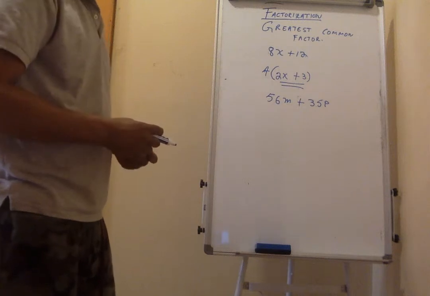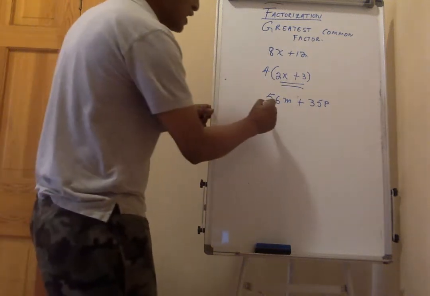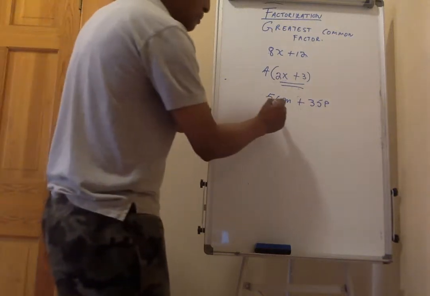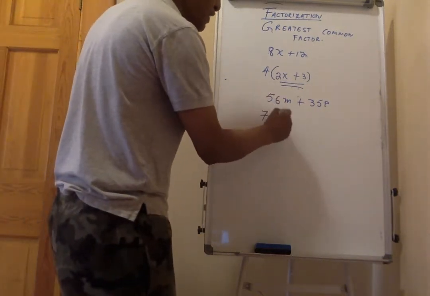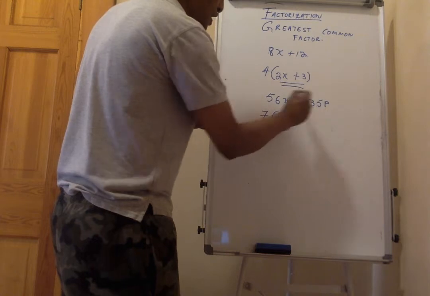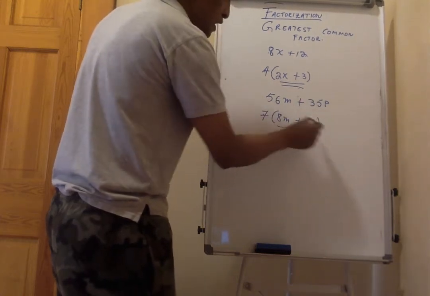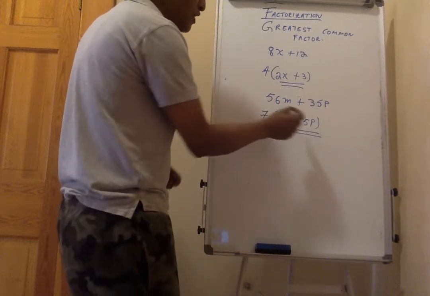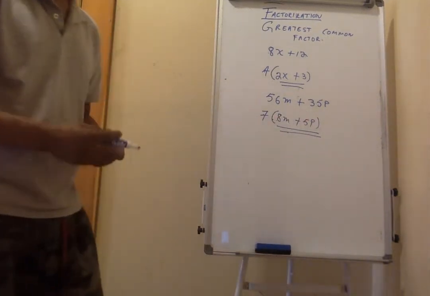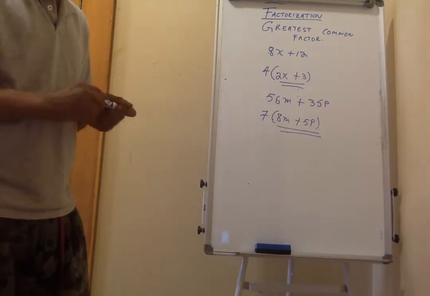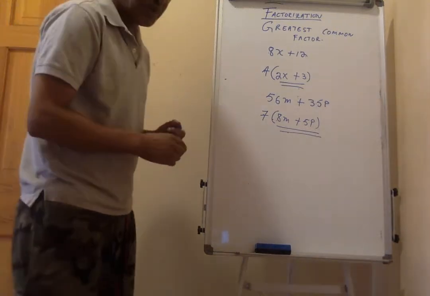If you calculate the greatest common factor, you would end up with 7. And open a parenthesis, 56 divided by 7 is 8m, 35 divided by 7 is 5p. Look at the expressions inside the parentheses. They have nothing in common, meaning what? They are prime. So that's what we mean by greatest common factor. Okay?